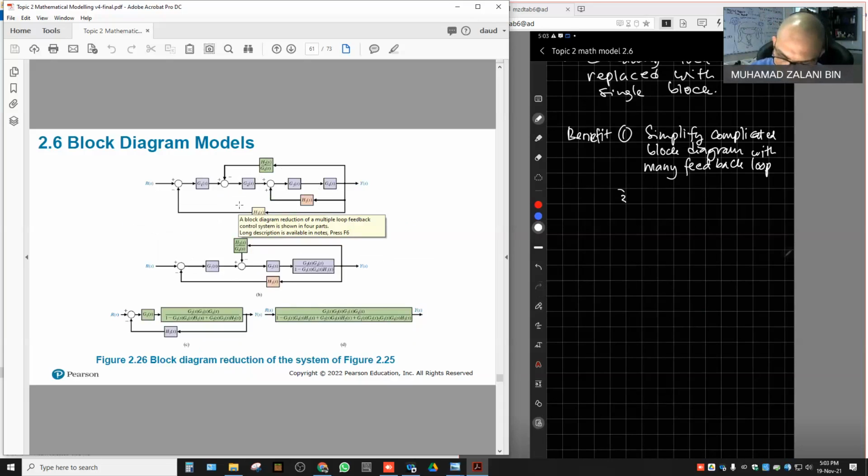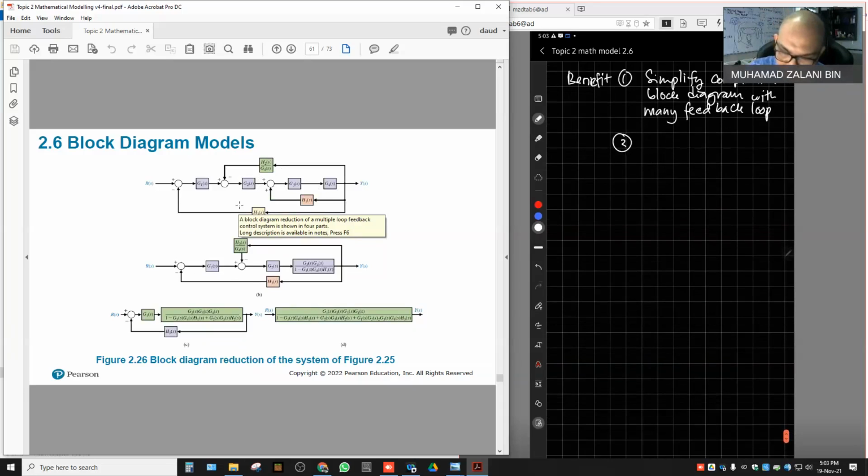Alright. The second benefit: simplification of the block diagram by arrangement.